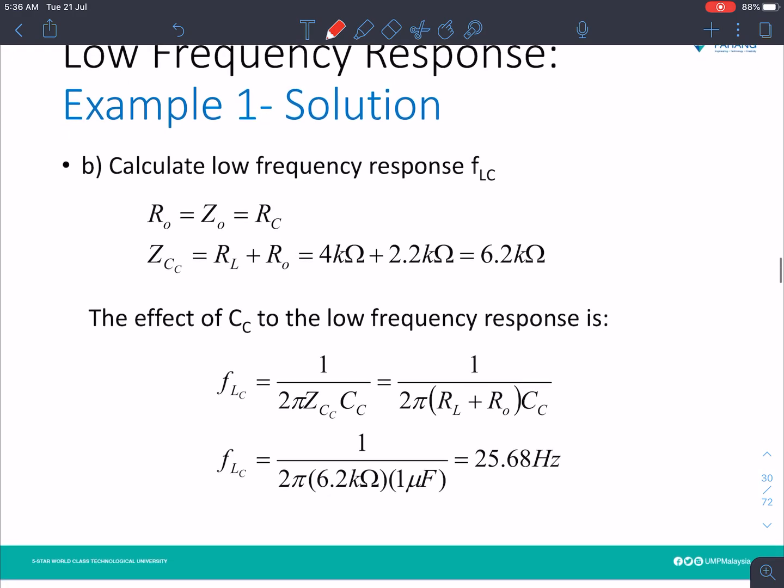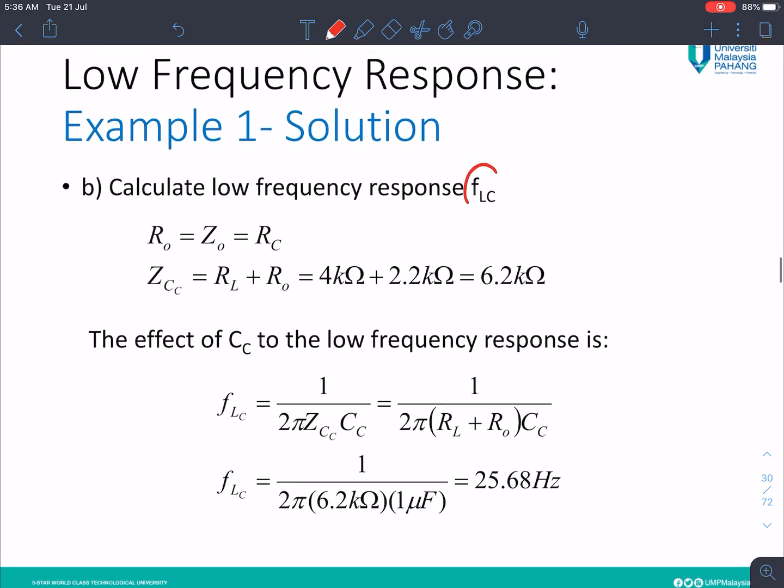Next, we calculate the FLC. Where is the FLC? This is the output side with the CC. So at the output side we have Zout. Our Zout now is RC, because for the voltage divider, the Zout is Rout, RC. But for this question, the Rout is infinity.